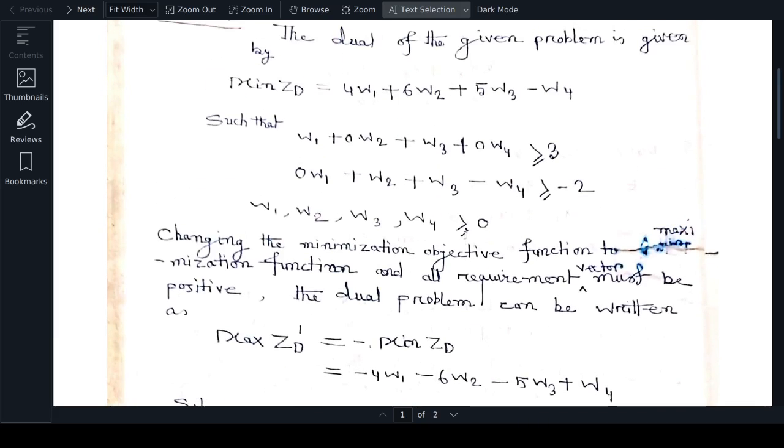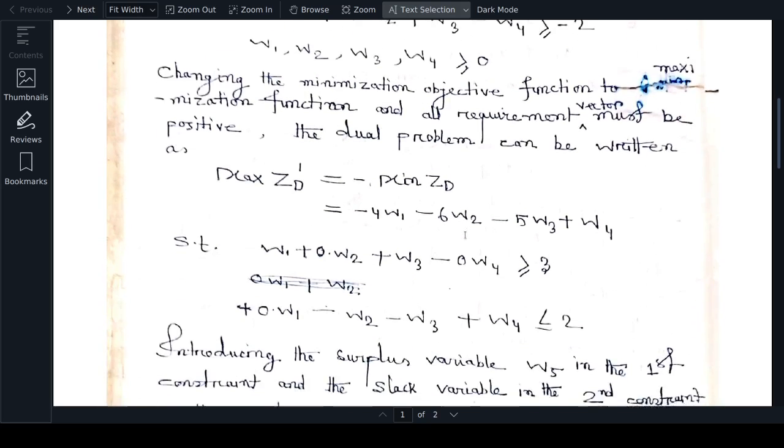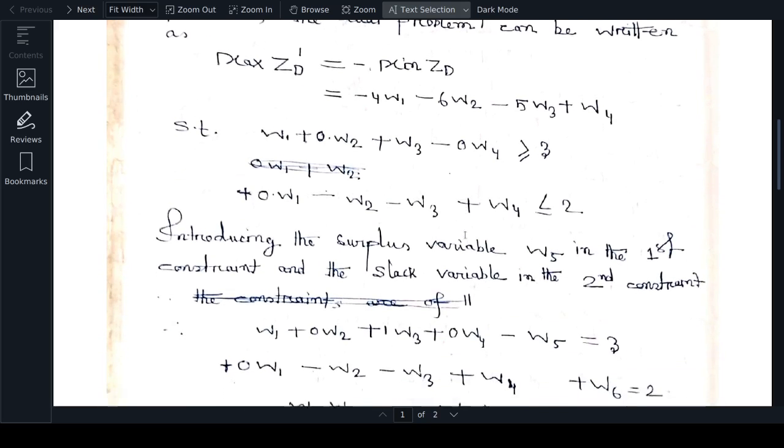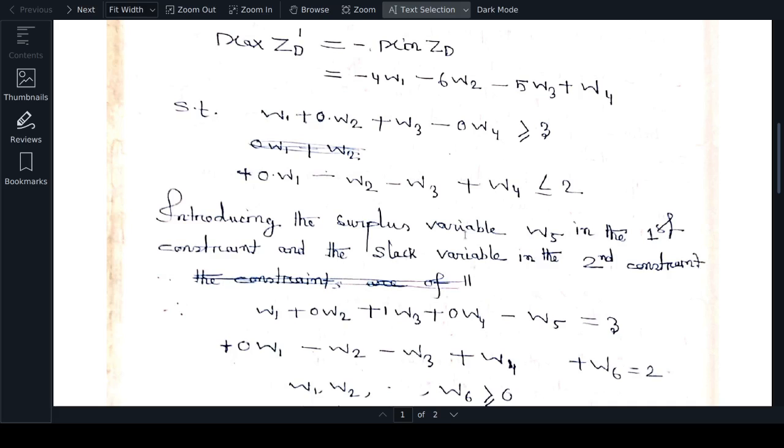Next, from min Z we shall write max Z. So max ZD dash equals minus min ZD, which is minus 4W1 minus 6W2 minus 5W3 plus W4, such that W1 plus 0 into W2 plus W3 plus 0 into W4 greater than or equal to 3, and 0 W1 plus W2 plus W3 minus W4 greater than or equal to minus 2.